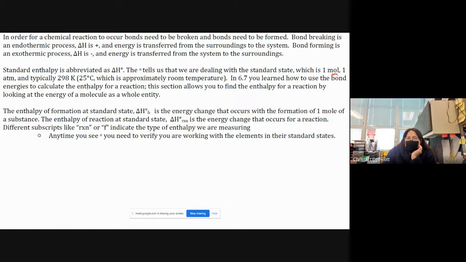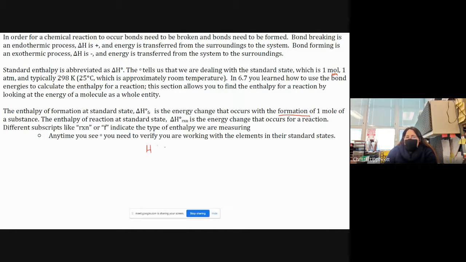So we talked about the bond energies. Now we're going to be talking about the enthalpy of reaction by looking at the energy of the molecule as a whole, not by just breaking those bonds. And we've got tables that we look at for that. So the enthalpy of formation at a standard state is the energy change that occurs with the formation of one mole of a compound from its individual elements.